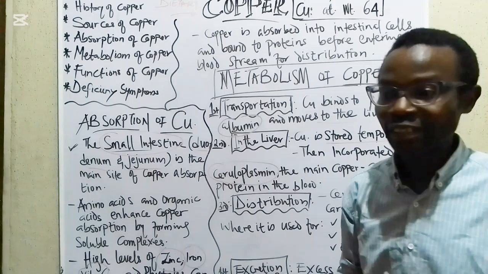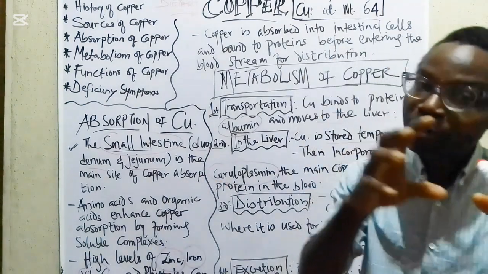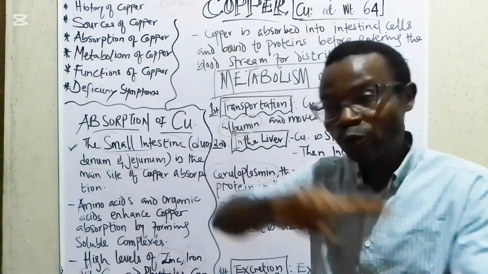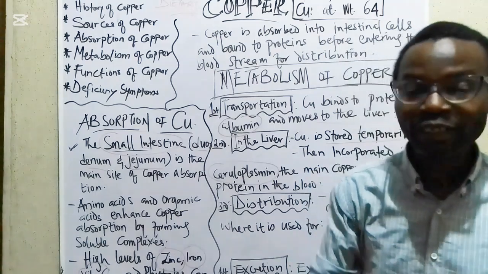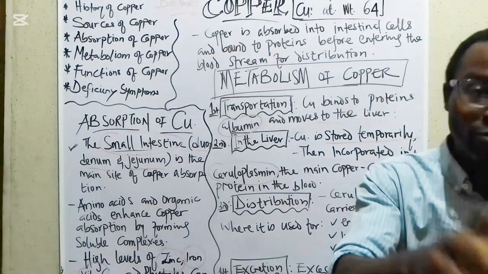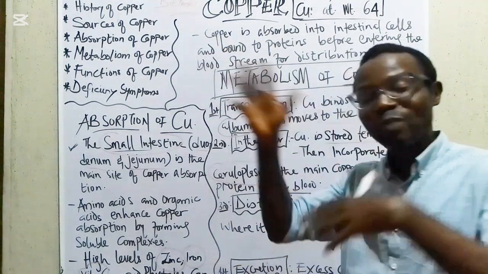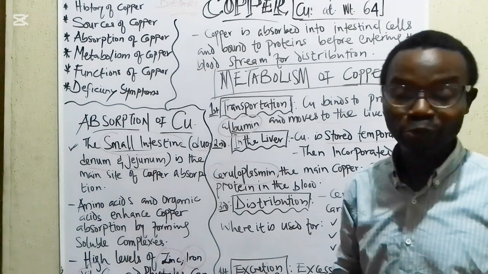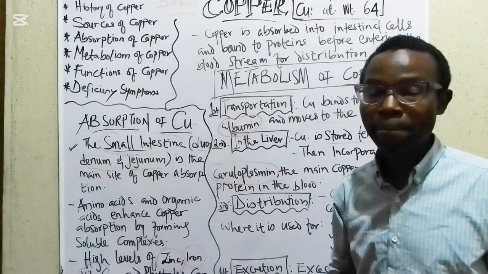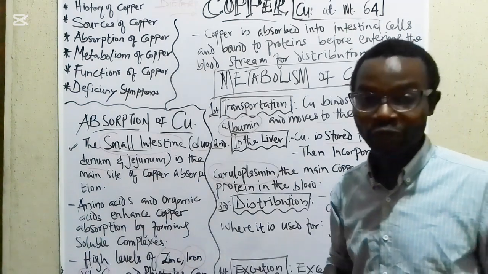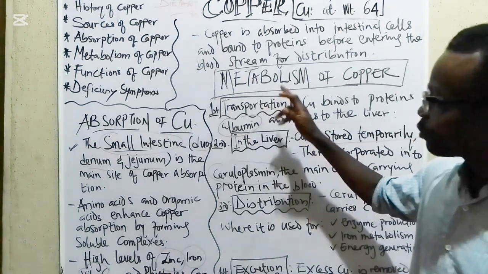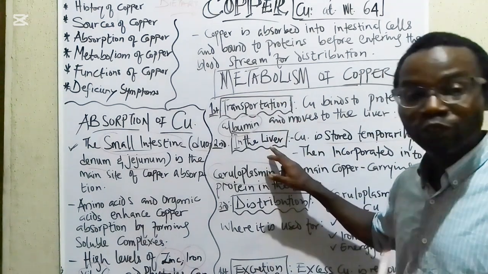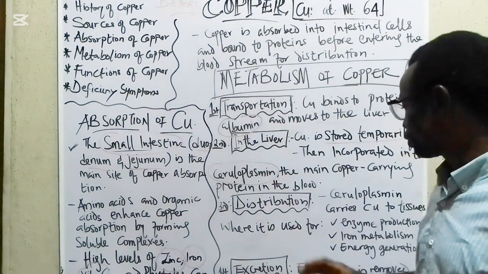It picks in different places, takes to different sites. Each time it picks and drops in a place, it goes back, picks more, drops in the site where it is going to be needed, and that is how they do it. Most transporting amino acids.